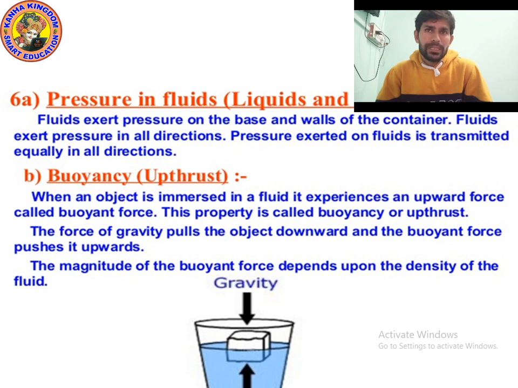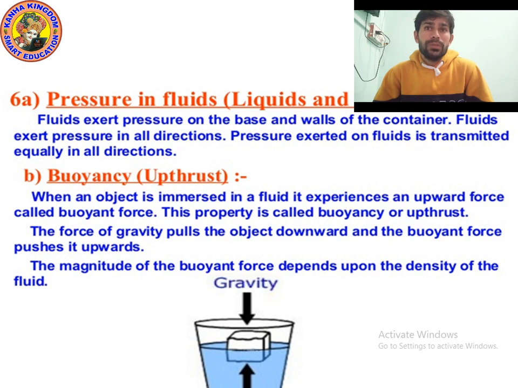And what is weight? Weight is a vector quantity, and weight is actually a force. Yes, the weight of the body is the force with which the earth attracts the body.